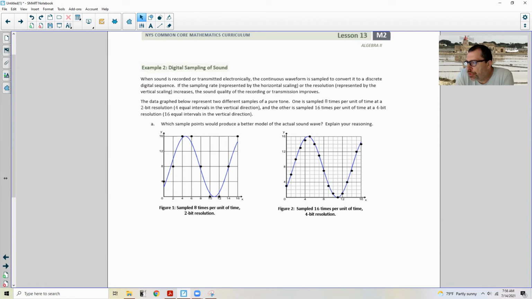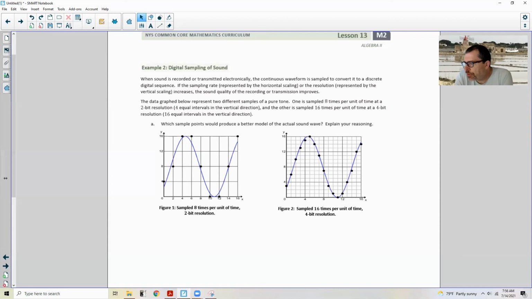So to avoid distortion of the sound that is perceptible to the human ear, a sampling rate must be used that is more than twice the frequency of the tone. If the resolution increase is represented by the vertical scaling, the quality of the digital sample also improves. In reality, analog sounds are converted to digital sounds at a sampling rate of thousands of times per second.